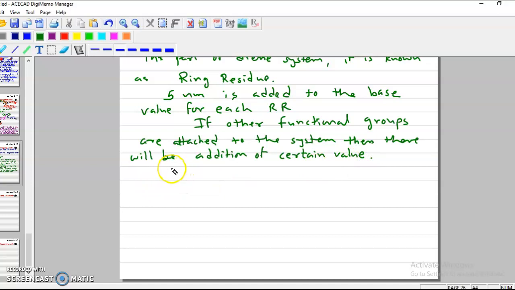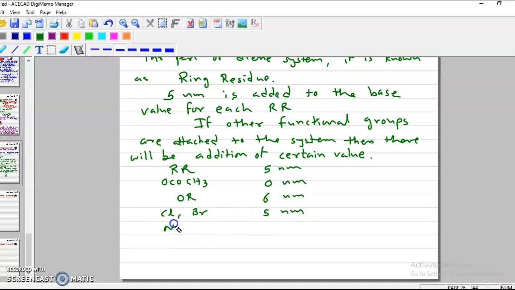For example, for ring residue, we add 5 nanometer. Similarly, if OCOCH3 group is attached to the system, then we add 0 nanometer. Then if OR, that is an ether group, R can be methyl, ethyl, propyl, anything, then we add 6 nanometer. If chlorine or bromine are attached to a system carbon, then we add 5 nanometer.